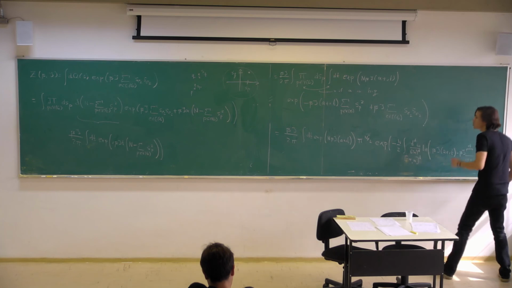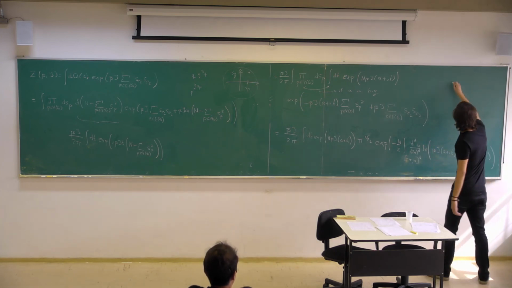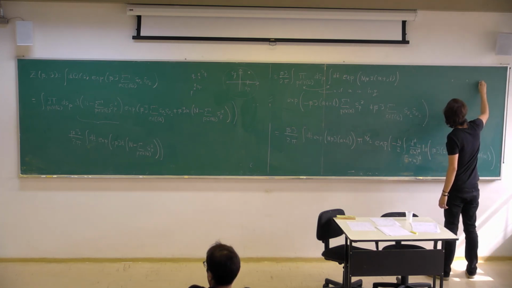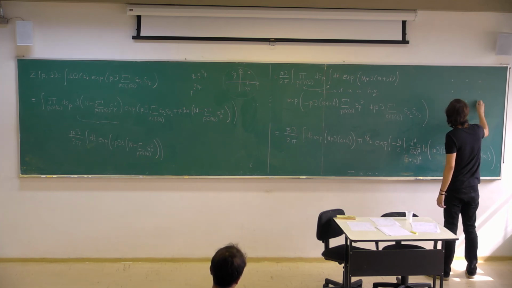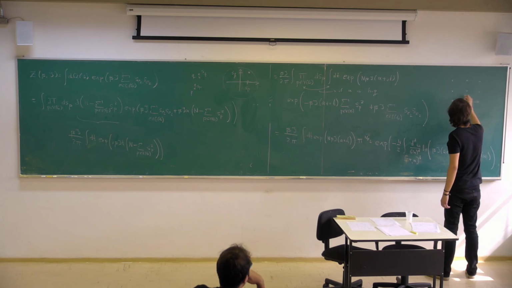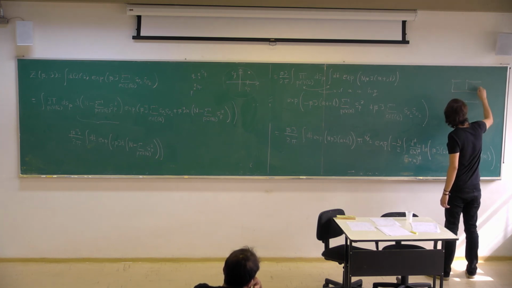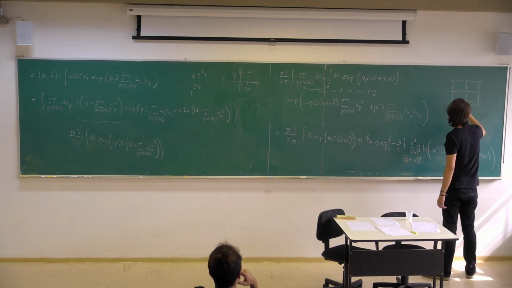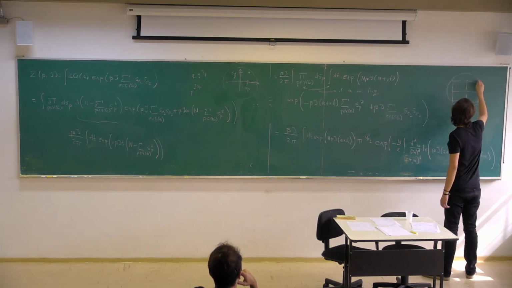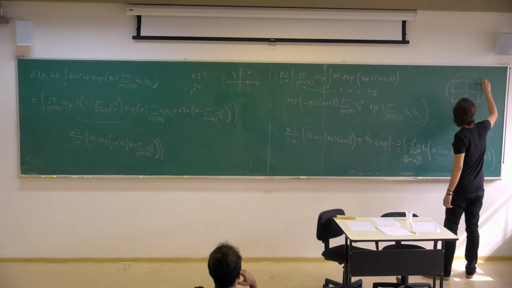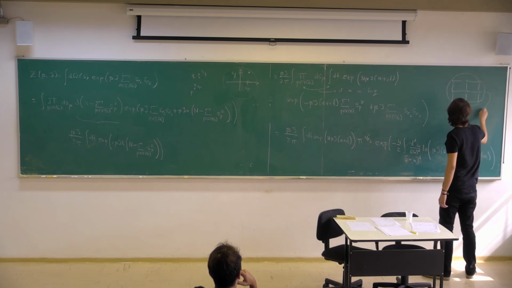And here I'm restricting my lattice to be a hypercubic lattice. So for example, I have a lattice of like 3, which has these edges. And the boundary conditions are precisely that I connect this edge with this edge, this edge with this edge, and so on for all the edges.